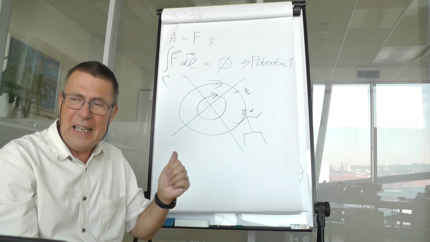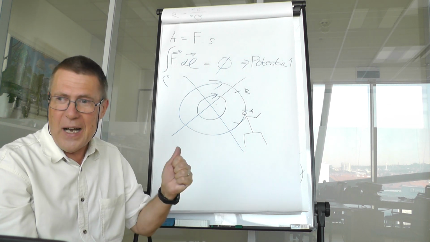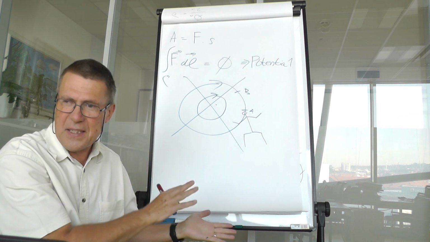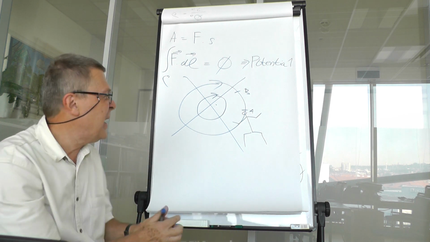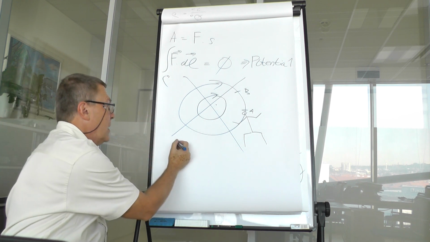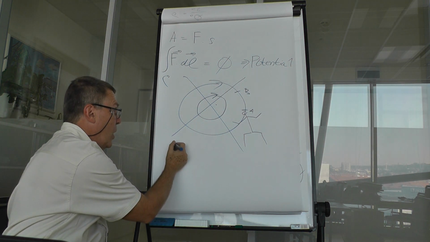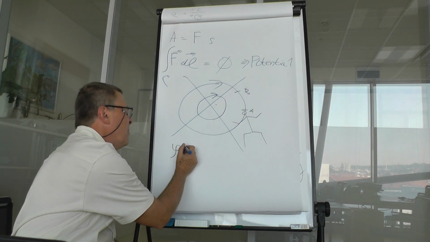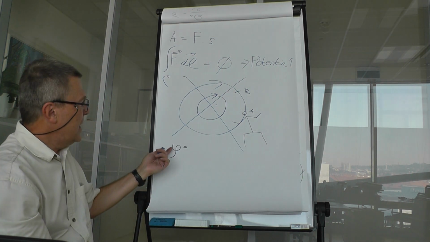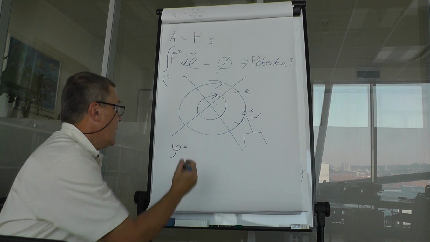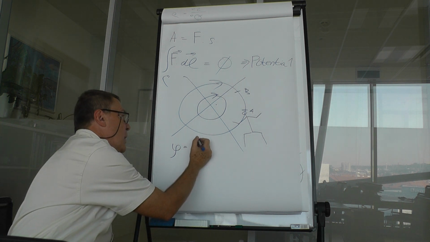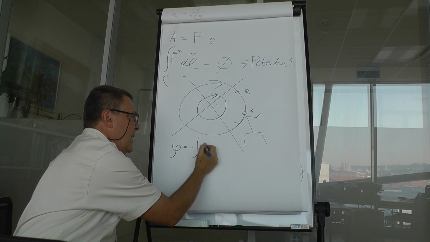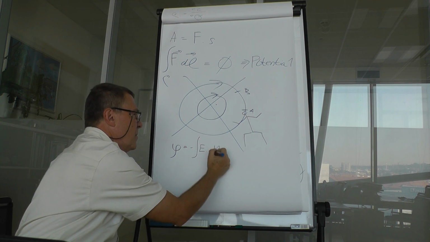Now, in order to introduce potential in electric field, provided that it satisfies the condition for introducing a potential, and that electrostatic field does, we have a property called potential phi, and this property is calculated easily by minus integral E dl.